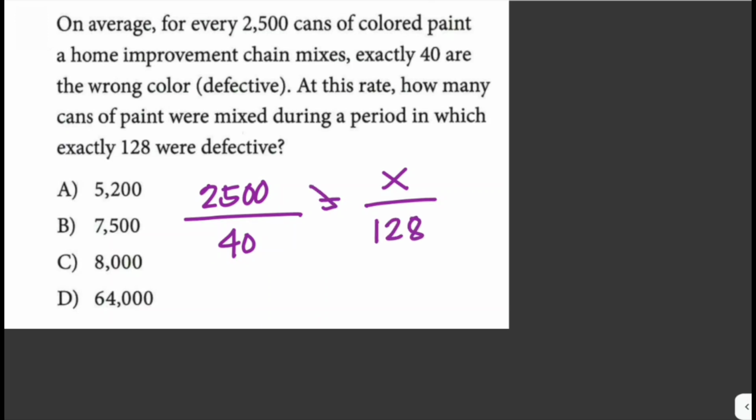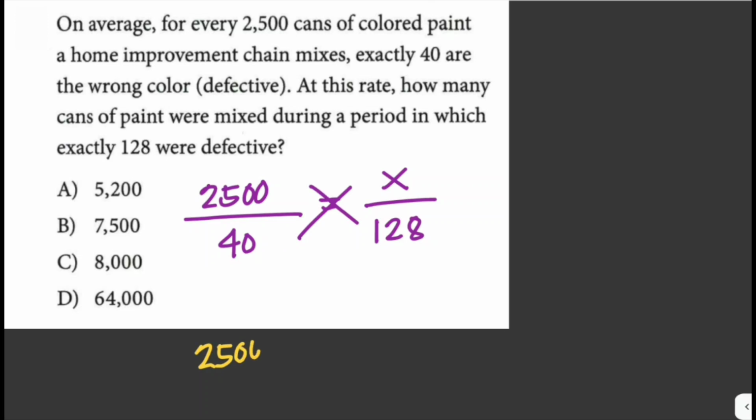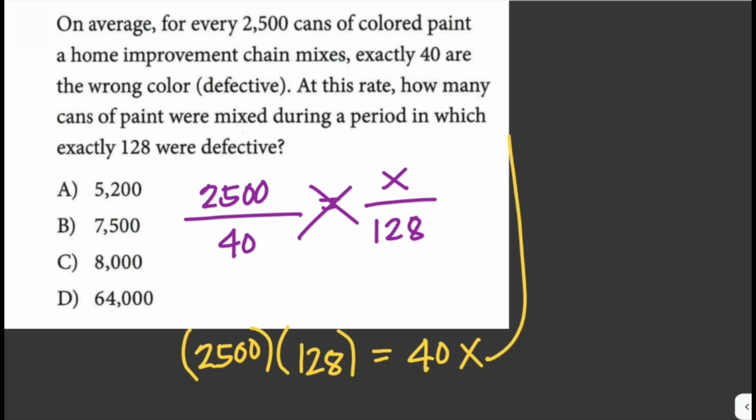So we can just cross multiply to solve for X. So this would be 2,500 times 128 equals 40X. And then we divide both sides by 40.